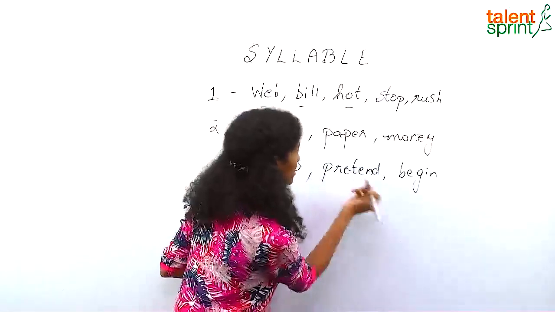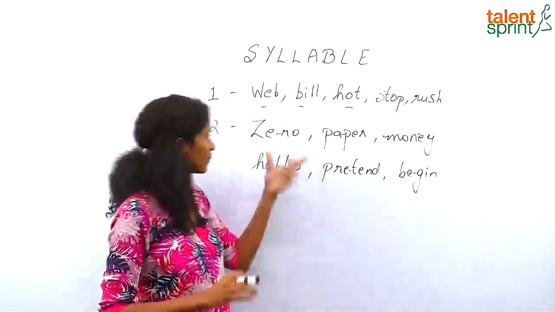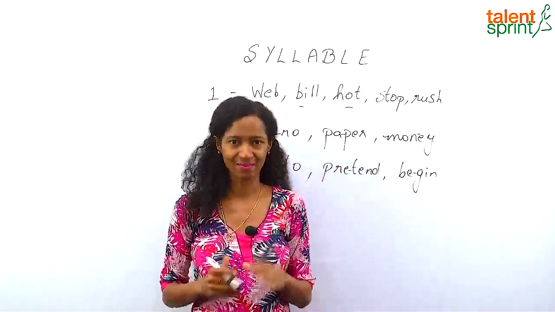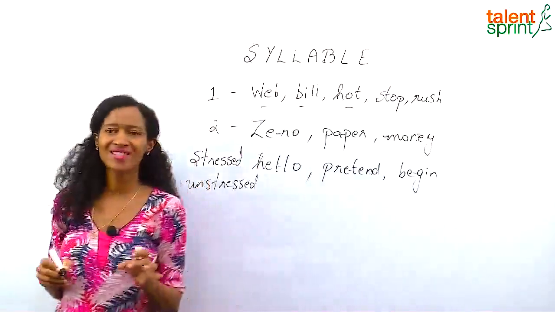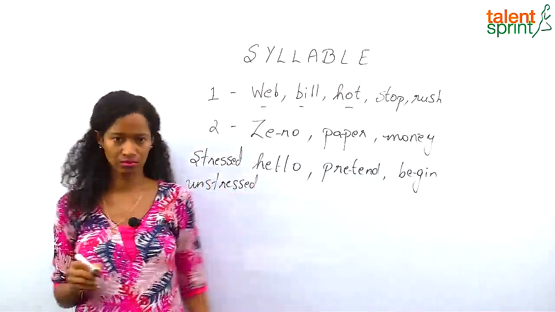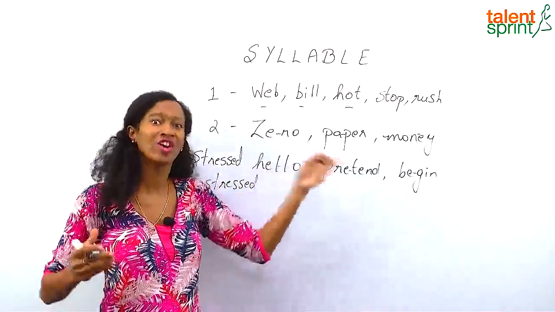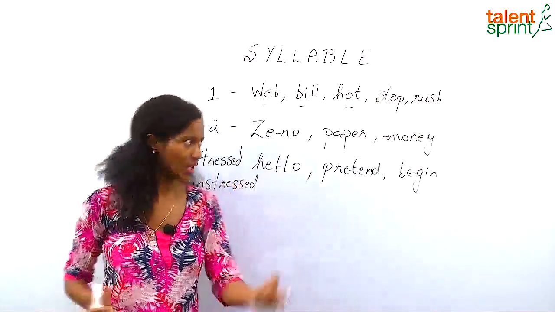Hello, pretend, begin. Okay. Now tell me, in these words, where do you stress? So we're talking about a stressed and an unstressed syllable. A stressed syllable is where the stress is falling on that syllable, right? We just said a syllable is one vowel sound.